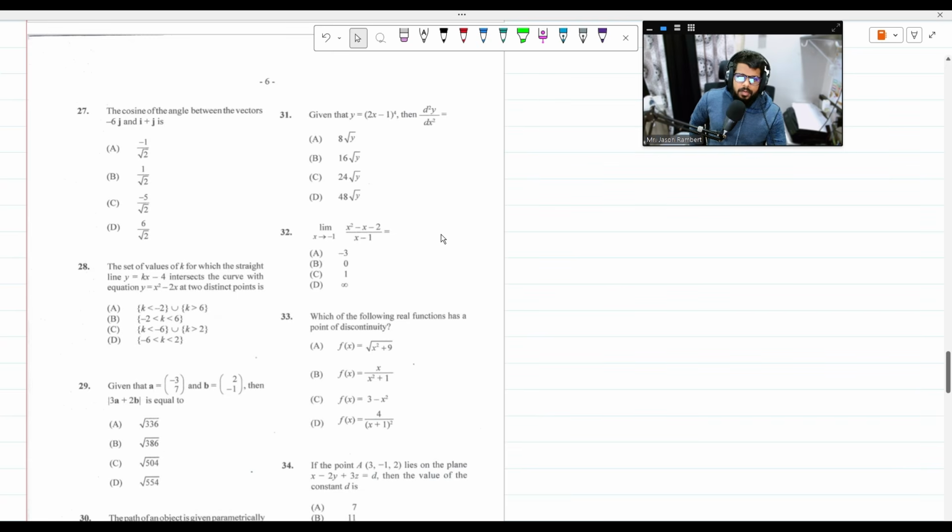The cosine of the angle between the vectors. This is a repeat question. I believe the answer for this was 1 over root 2.